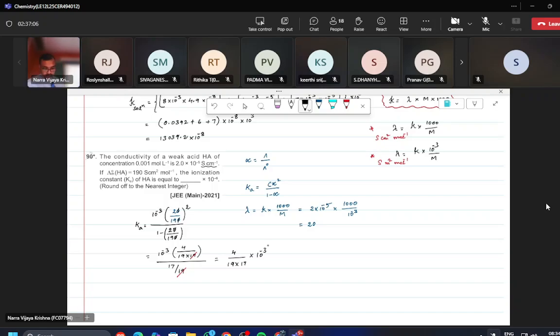Correct? Find that value. 12.3 into 10 to the power minus 6. So we got this value as 12.3839 into 10 power minus 6. So nearest integer, what is nearest integer? 12 only, na? Correct?